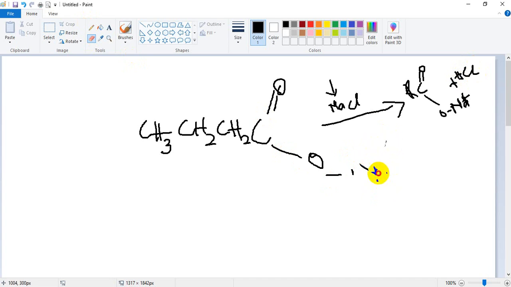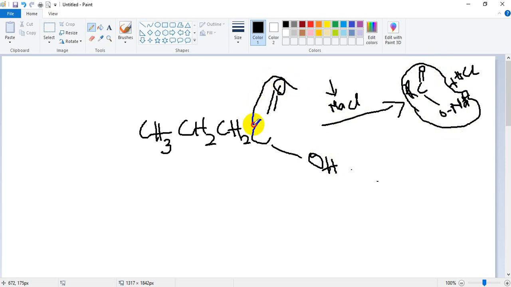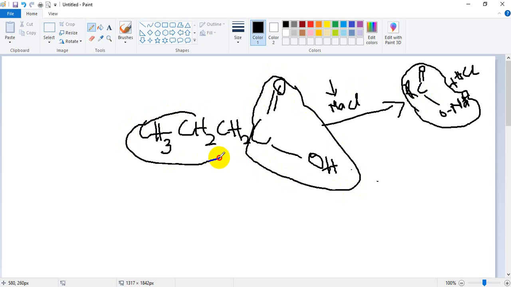So this is what we are going to have. The sodium will come and replace the hydrogen. Then the hydrogen will go and join to the chloride, and sodium will come and join over here to form this. So this is a salt. This whole structure is a fatty acid salt, and this is a fatty acid. This R we are seeing here is the alkyl group.